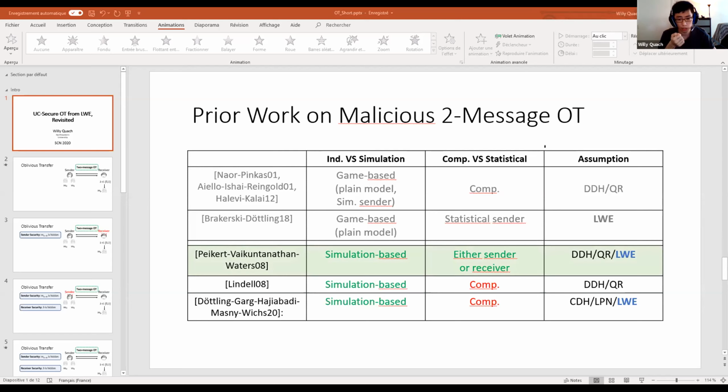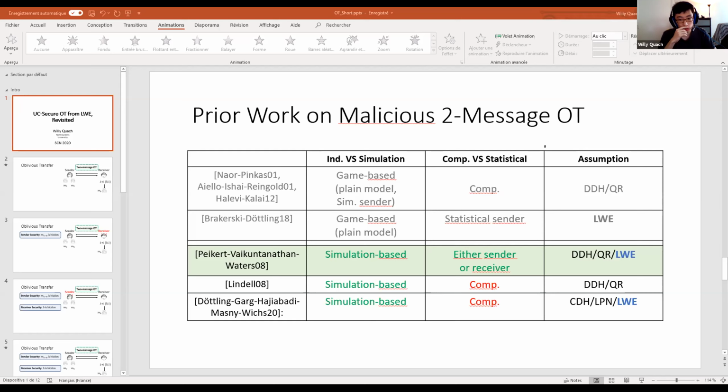So it's simulation-based, so it will be composable. It has two modes of operation, and according to the mode of operation, it will either guarantee statistical sender security or statistical receiver security. So that's really good. And also it can be instantiated from many different assumptions. In particular, as far as I know, if you need simulation-based secure OT from LWE, that's essentially what you get.